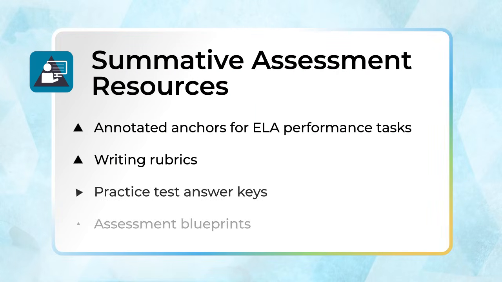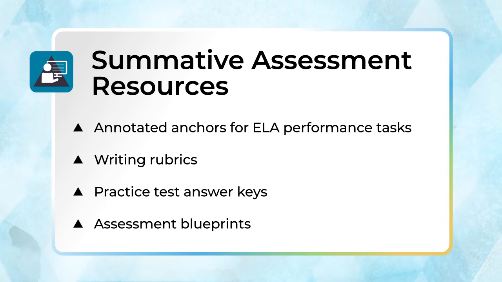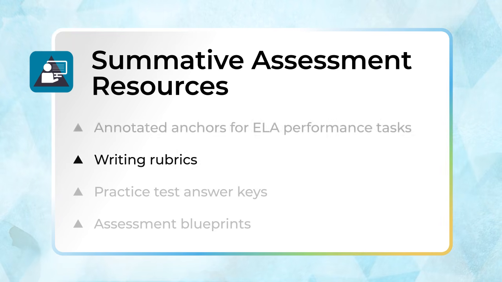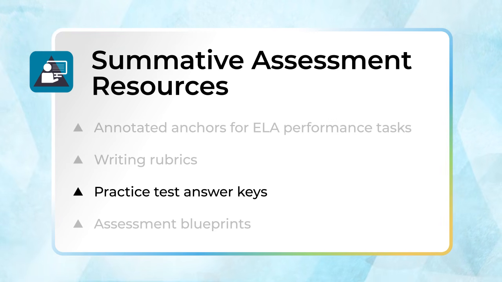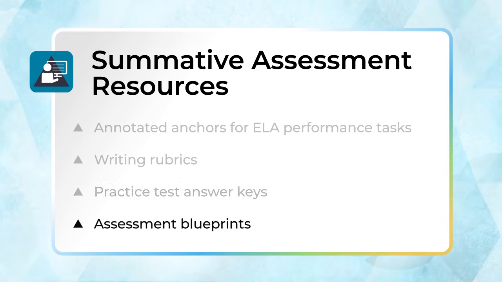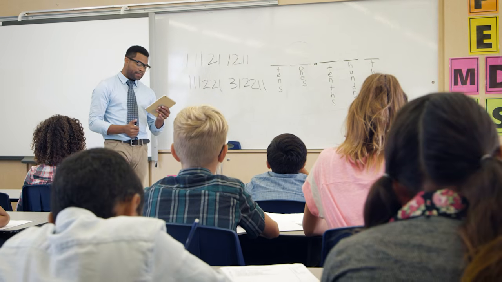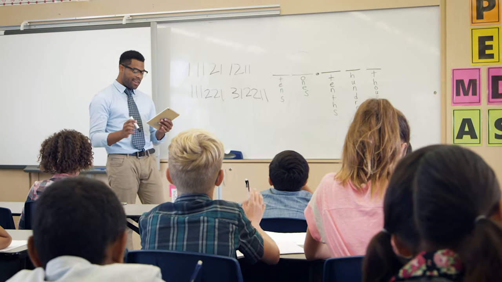It's also a great place to become familiar with other resources that are available, like annotated anchors for ELA performance tasks, writing rubrics, practice test answer keys, and assessment blueprints. These resources help to provide educators with more information about how the assessment is scored and what types of questions are included on the test so that they can better understand the meaning of their students' test results.